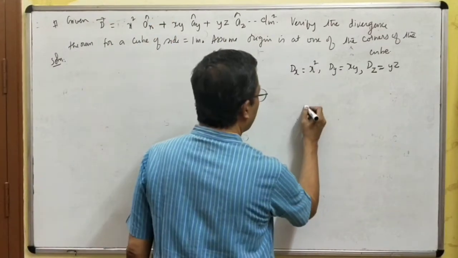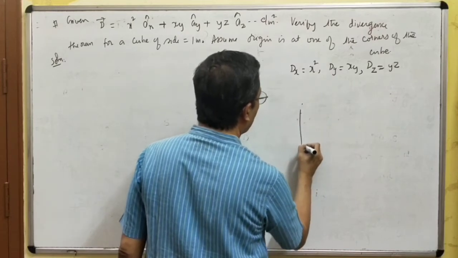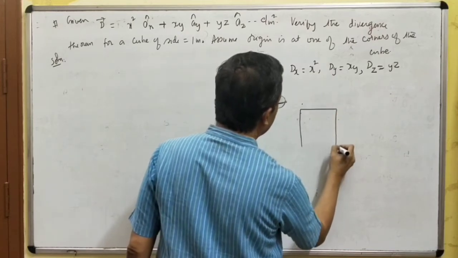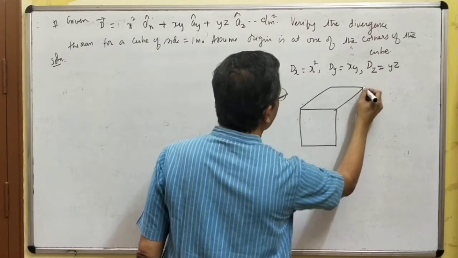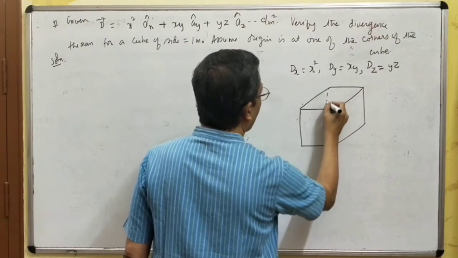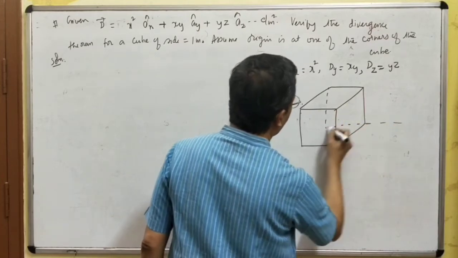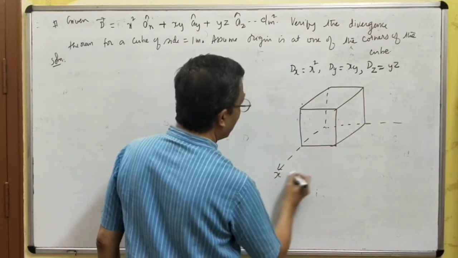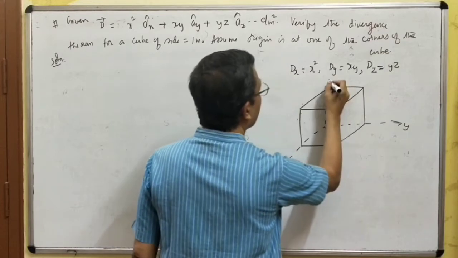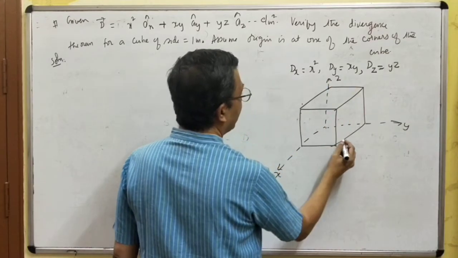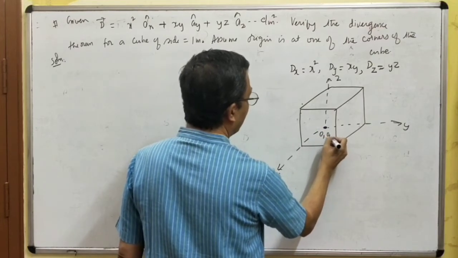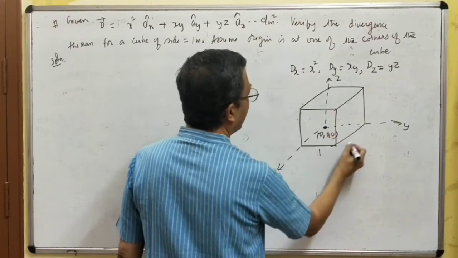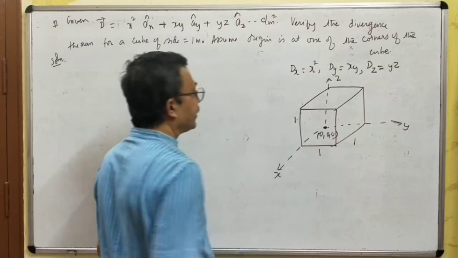Now I will draw an elemental cube of side equal to 1 meter. X, Y, Z. All sides are of length equal to 1 meter. This is the origin 0, 0, 0.